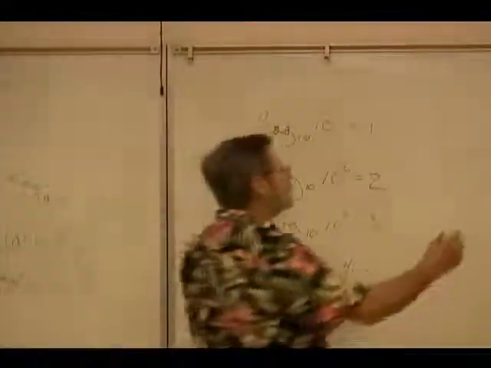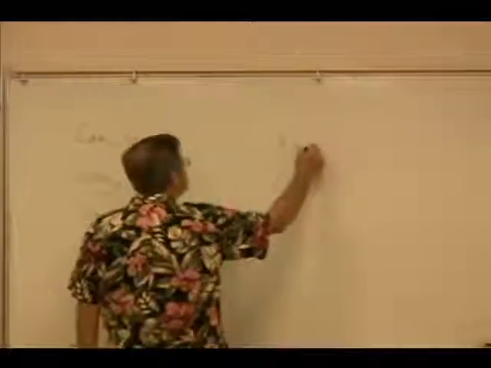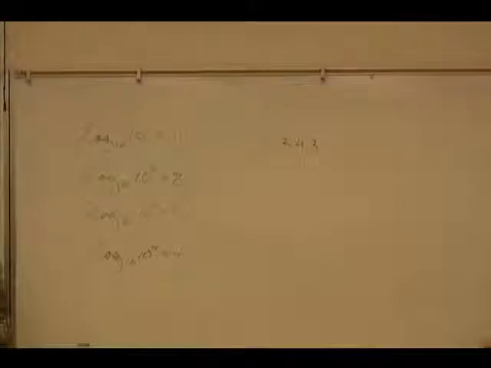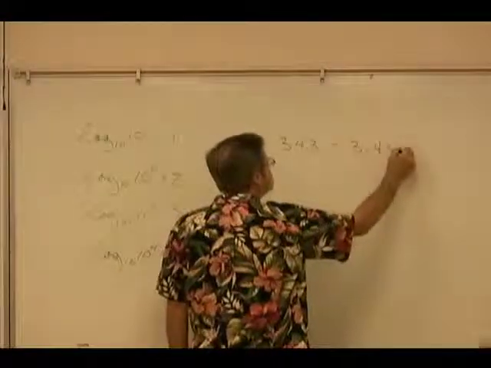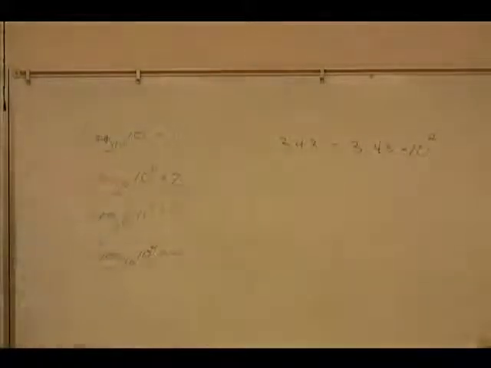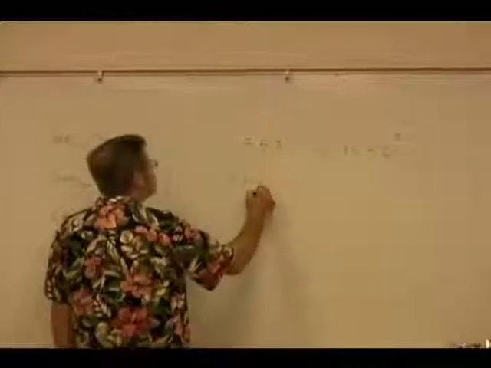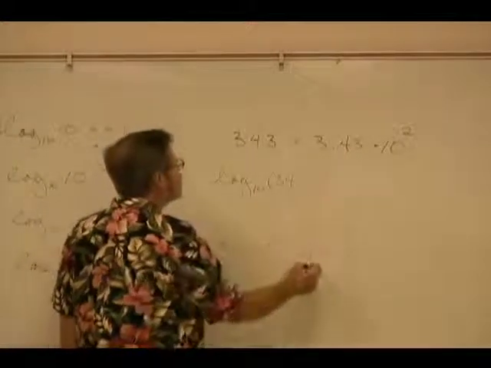So, if I look at a number like 343, I could write 343 as 3.43 times 10 squared. And then write log to the base 10 of 343.